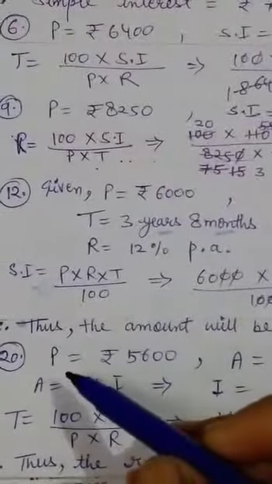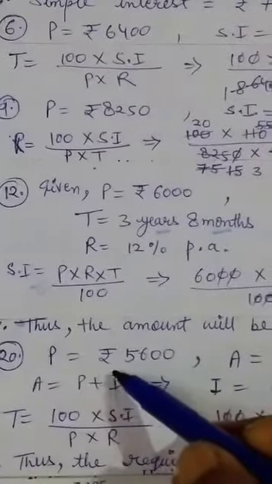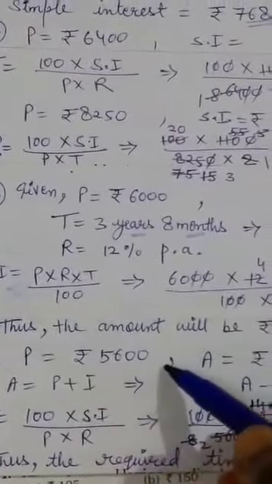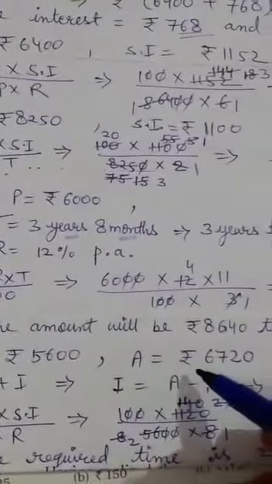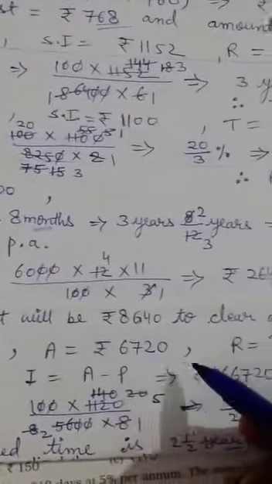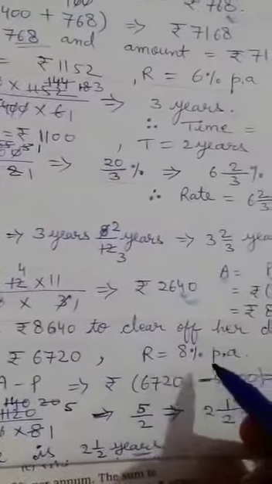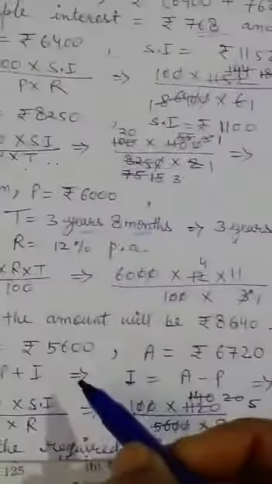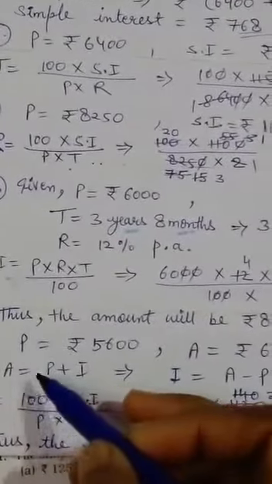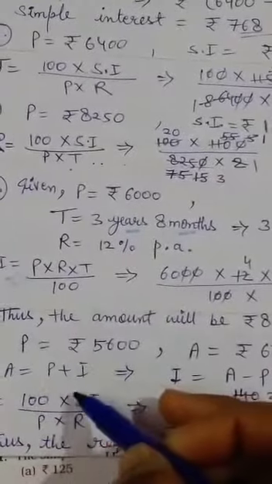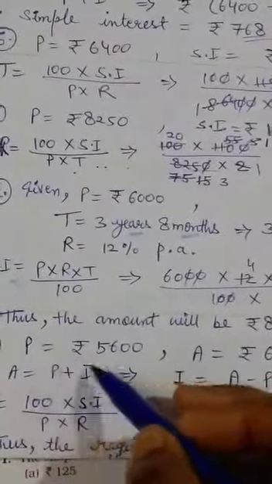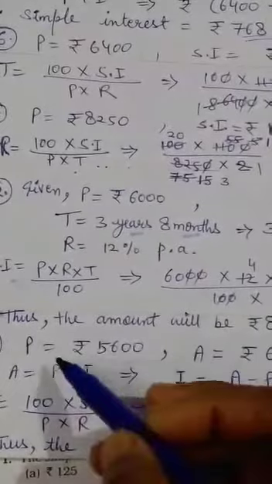In the given part, you have to write: principal is given rupees 5600, amount is given rupees 6720, and rate is equal to 8% per annum. You know that for finding the amount, its formula is principal plus interest. Principal and amount are given.